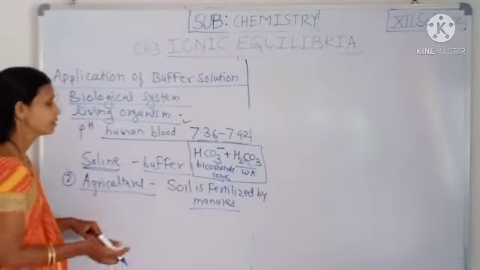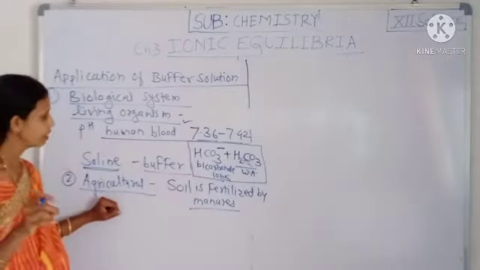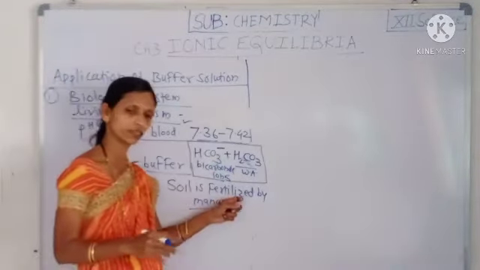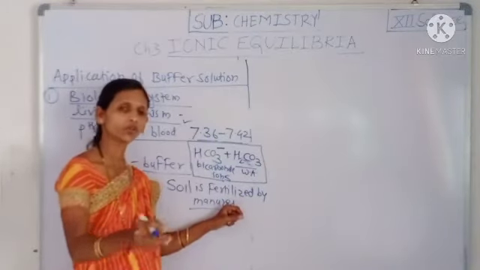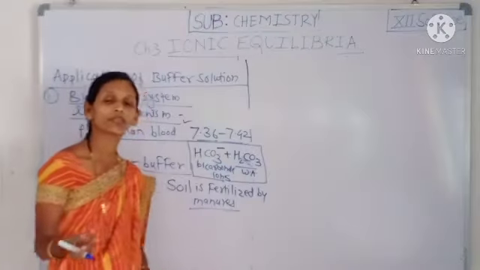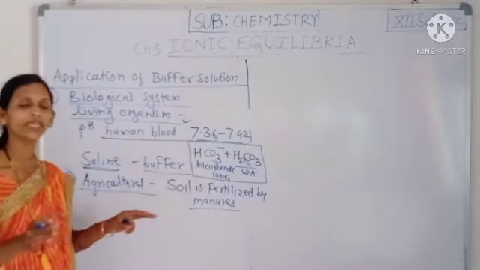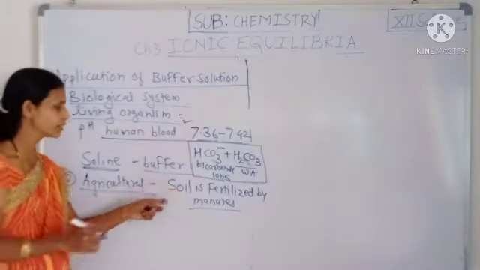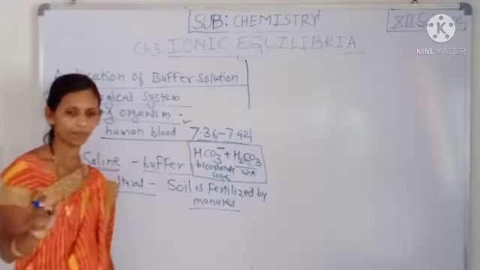Then the salt which is present in the fertilizers, when added into soil, forms a buffer with the acid from the soil, and that maintains the pH of the soil and makes that soil fertile.